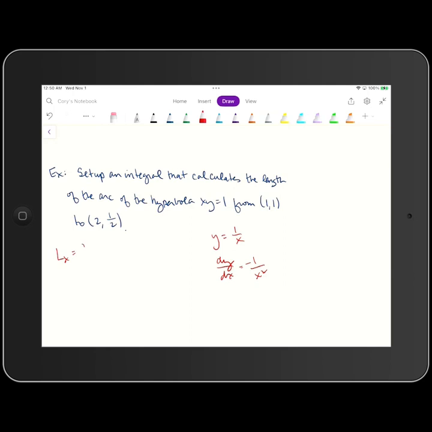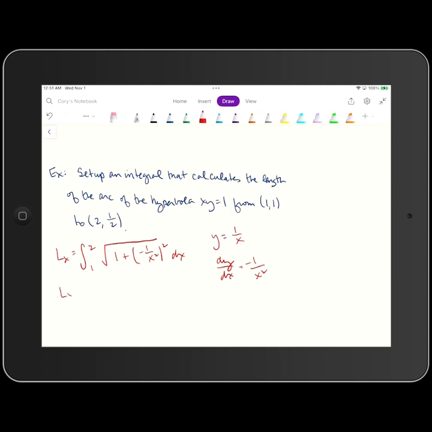So arc length with respect to x is going to be equal to the integral of, we want both of our limits of integration to be in terms of x values. So the x coordinates of the endpoints of the hyperbola that we're trying to calculate arc length for are 1 and 2 respectively. And then we're going to take the square root of 1 plus the derivative dy over dx, which is negative 1 over x squared, quantity squared, which we're integrating with respect to x.